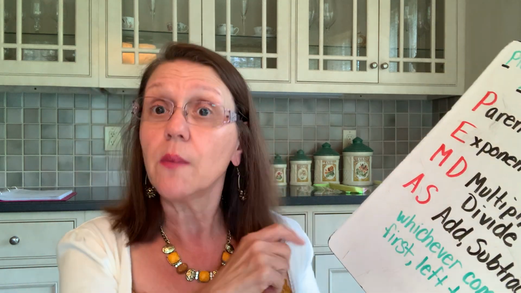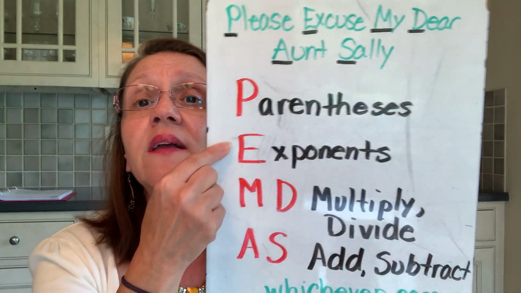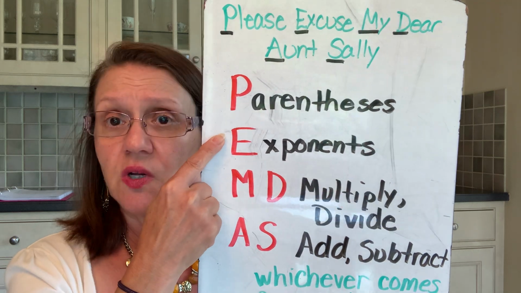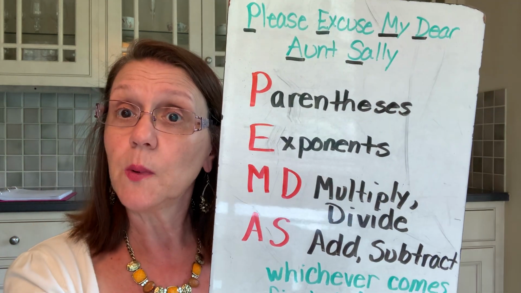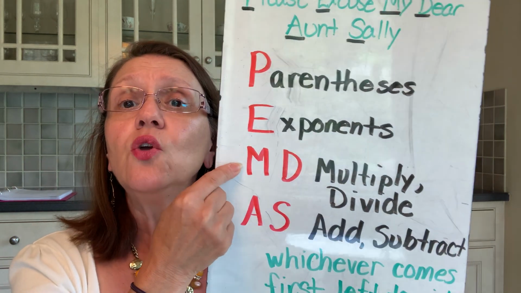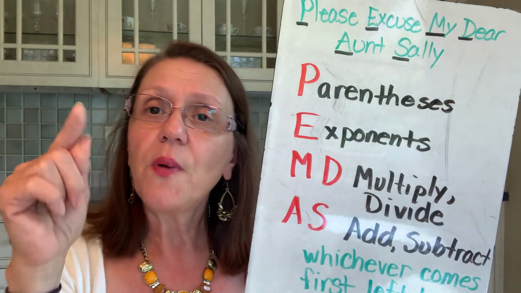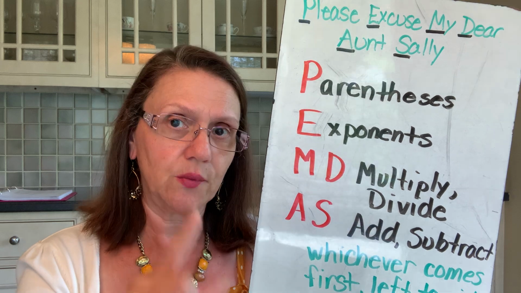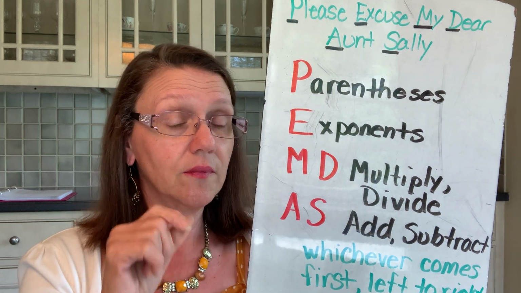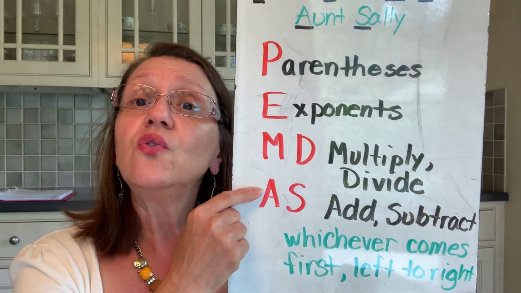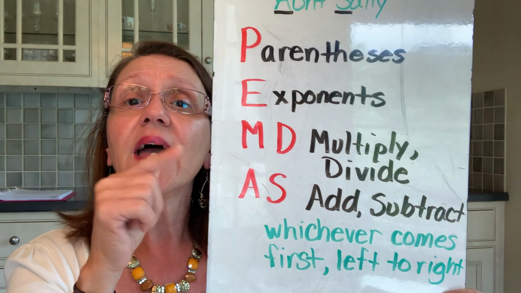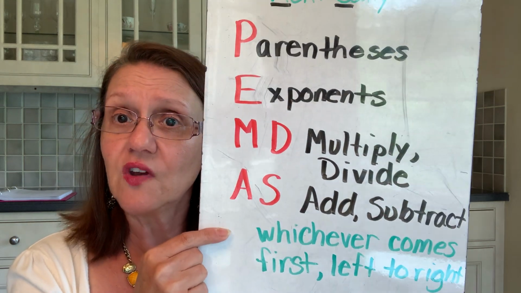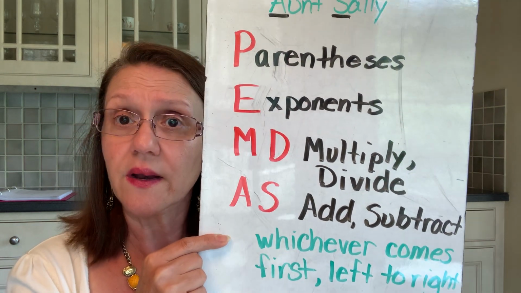Parentheses are a fancy way of saying brackets, okay? And we'll talk about parentheses. Next, you do any of the exponents you happen to have, and we know about exponents. Then you multiply or divide, depending on whichever one comes first when you're working left to right. That's important. Finally, you do addition or subtraction, again, whichever comes first as you are working left to right.